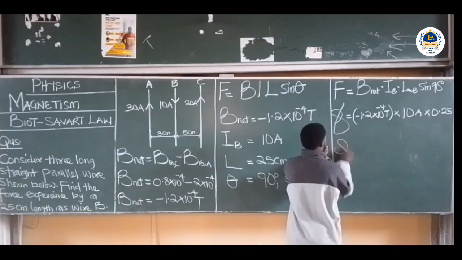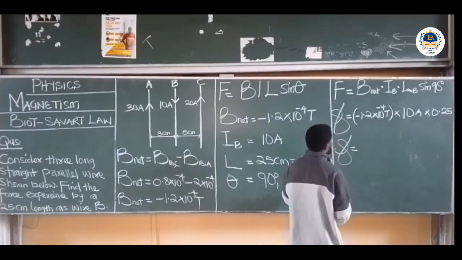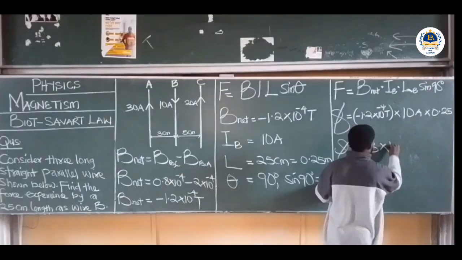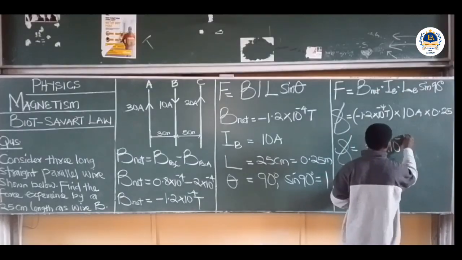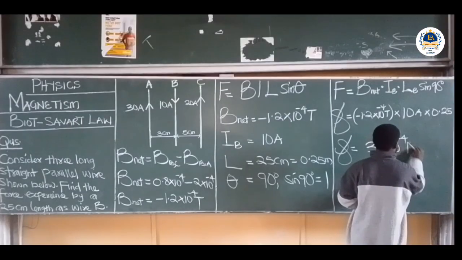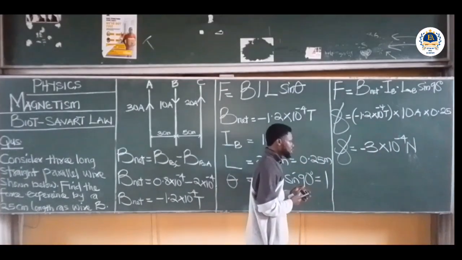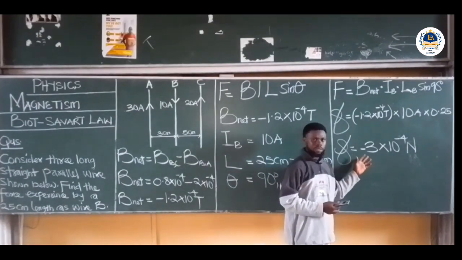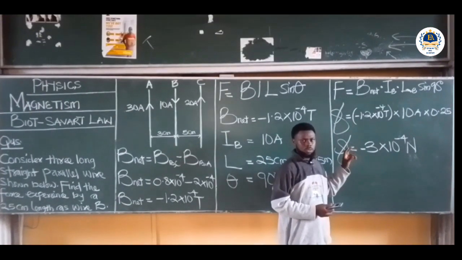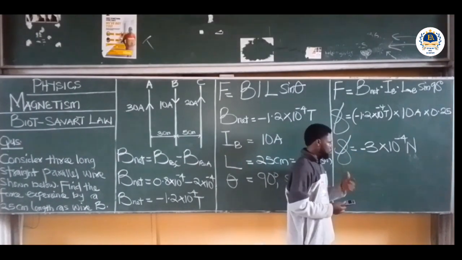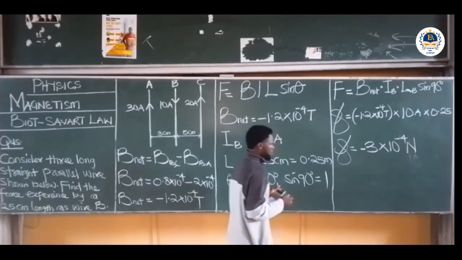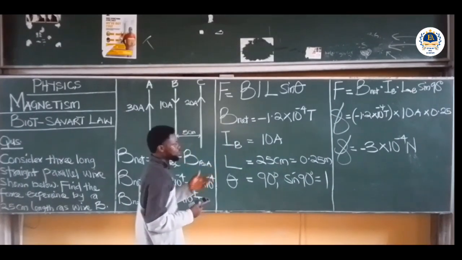So F is equal to 3 times 10 raised to the power of negative 4 Newton. This is negative, so the negative sign has no bearing on the magnitude of the force. It is showing you the opposite direction of the force in the magnetic field, and this becomes the final result.